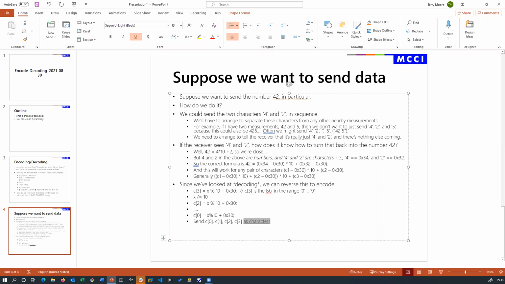This is one of the most powerful tricks in computer programming: you learn to say, okay, this number originally came in as a number because it meant something, but I control how it gets interpreted in the way I write my code. So I can say, I used to view it as this number, but now I'm going to view it as a character.